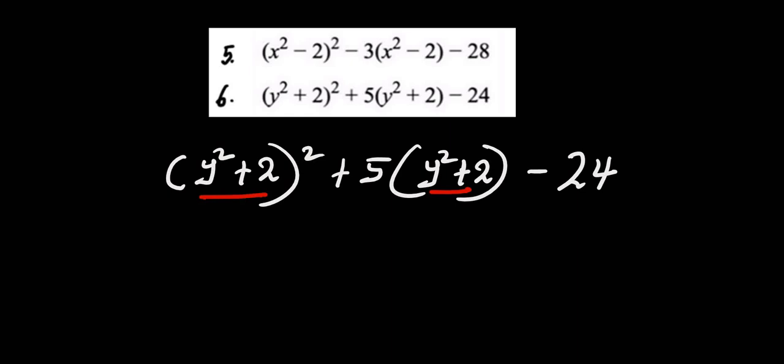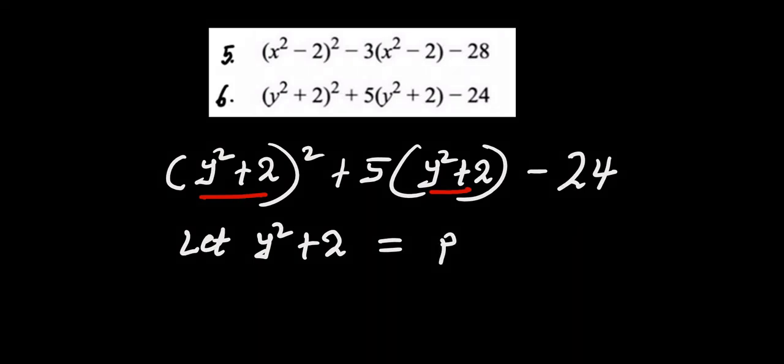So we can assign that to a variable. So let y squared plus 2 be equal to p. Use any variable of your choice. So if we rewrite this expression, then we're going to have p squared plus 5p negative 24.